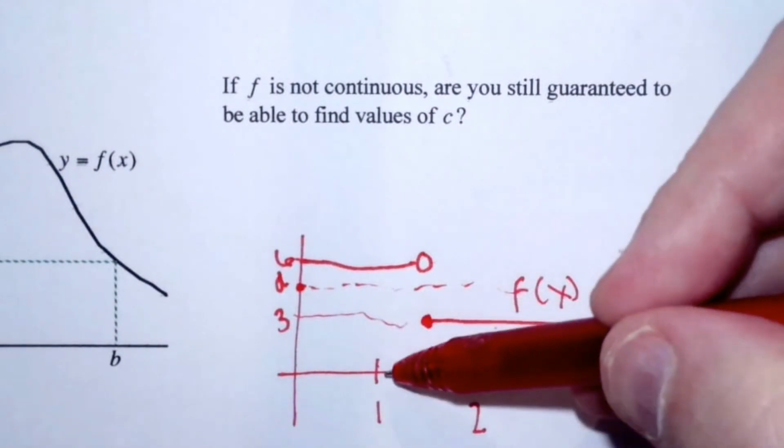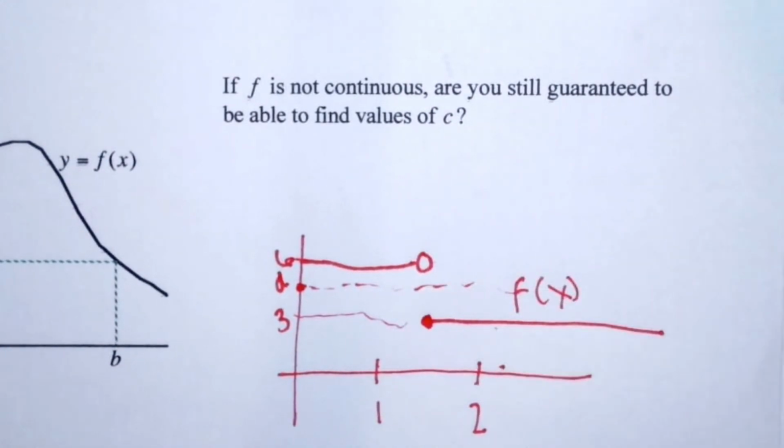Nope. f of x is either 6 or 3. It's never anything else. So, in this case, there are values of d for which there is no c. So what that indicates is that, if the function is not continuous, the intermediate value theorem doesn't hold.